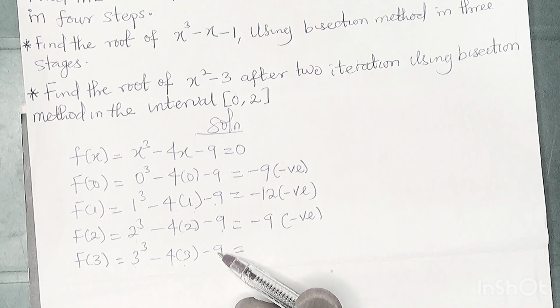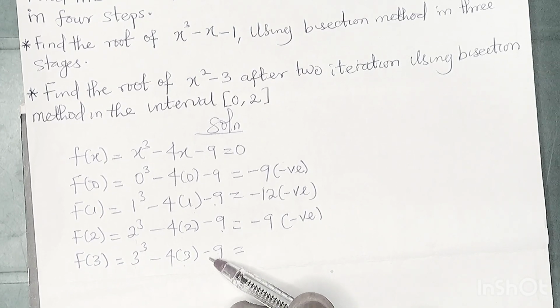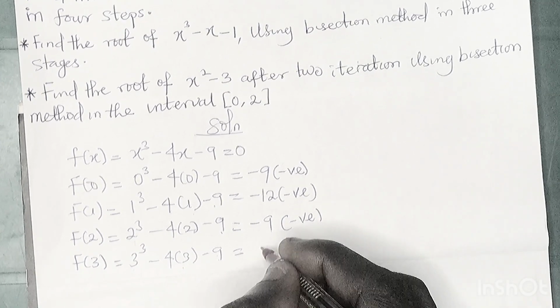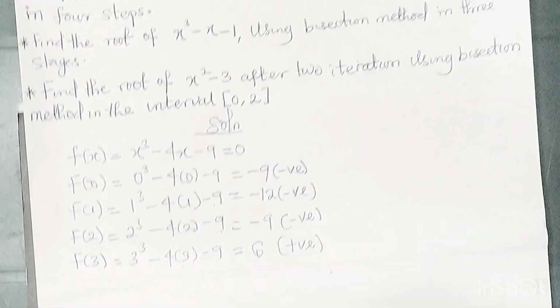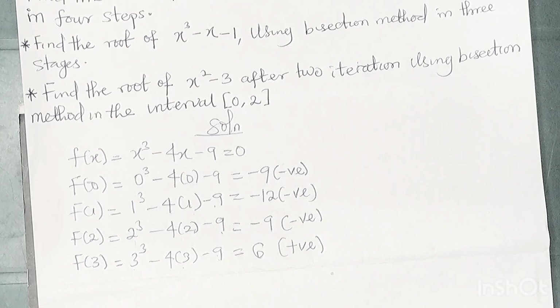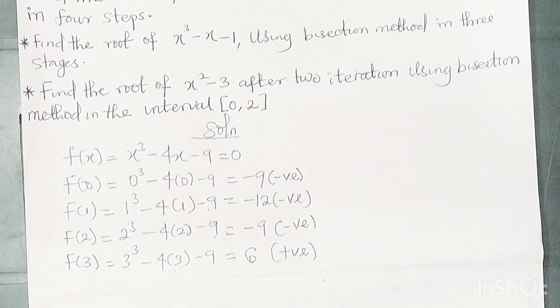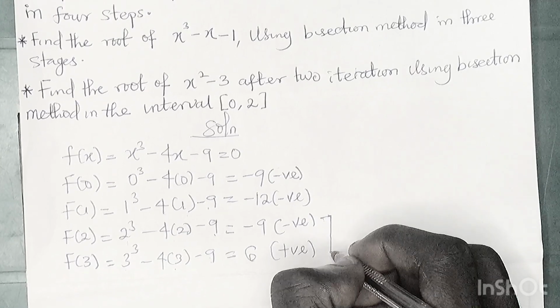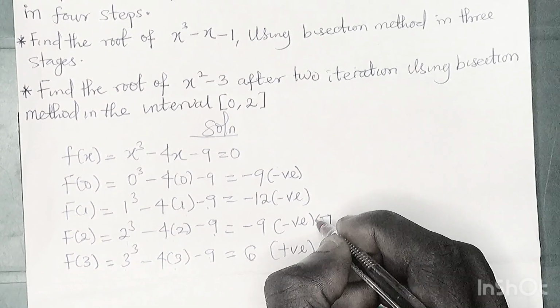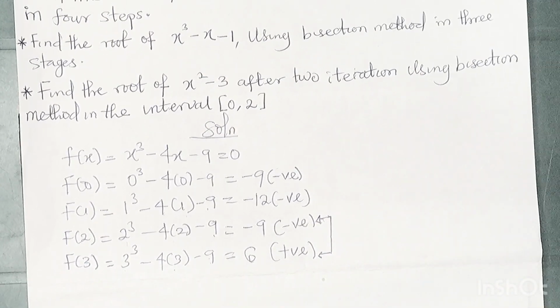Minus 12 minus 9 will give us minus 21, and minus 21 plus 27 will give us 6. You can see now that I have a positive number. Now, where do I get the nearest negative and positive? I get a negative here and I get a positive here. So these are the two numbers I am going to use.